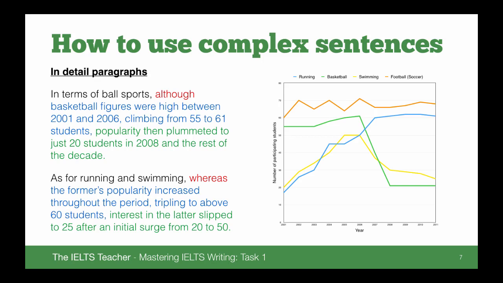So notice here that we're actually including figures as well. As for running and swimming, whereas the former's popularity increased throughout the period, tripling to above 60 students, interest in the latter slipped to 25 after an initial surge from 20 to 50.